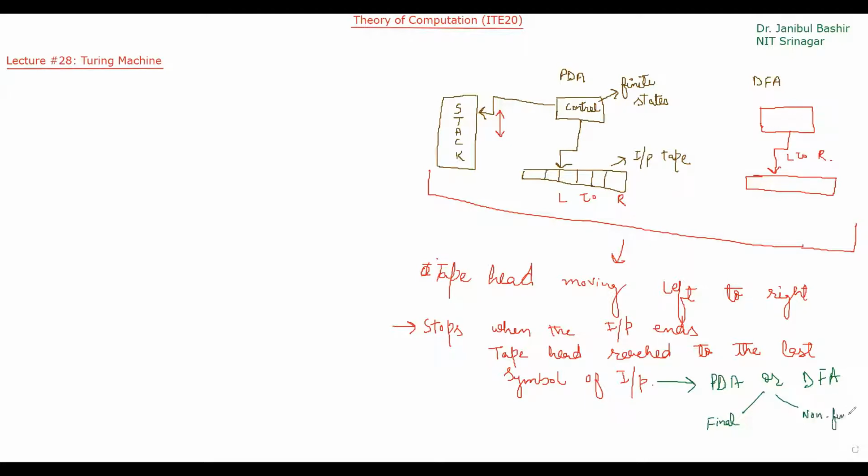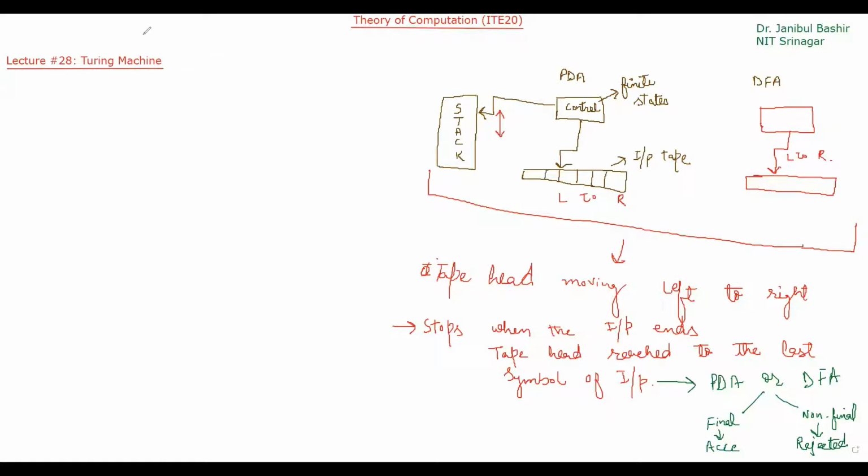If it is in a final state, we say that it has accepted the input, and if it is in a non-final state, we say it has rejected the input. So this was the scenario.